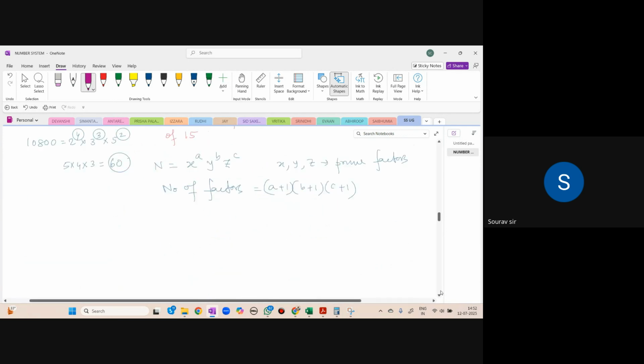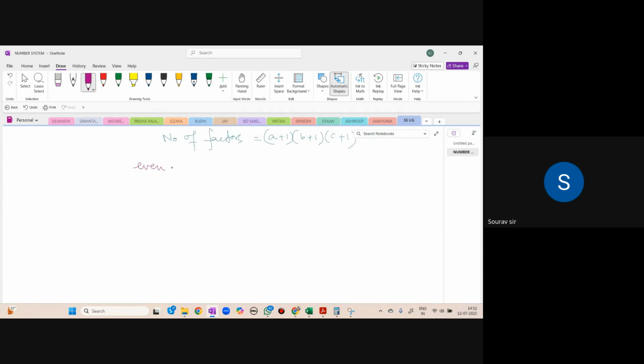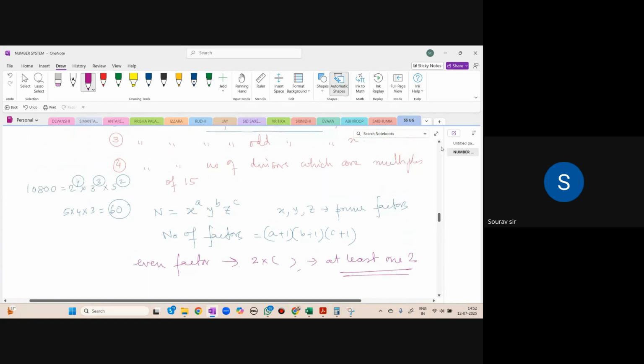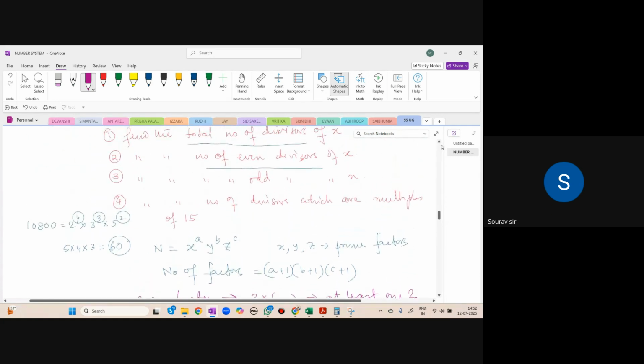Even factor means 2 into something. That means an even factor needs at least one 2, isn't it? You need at least one 2, right? And with that 2, you can have anything.